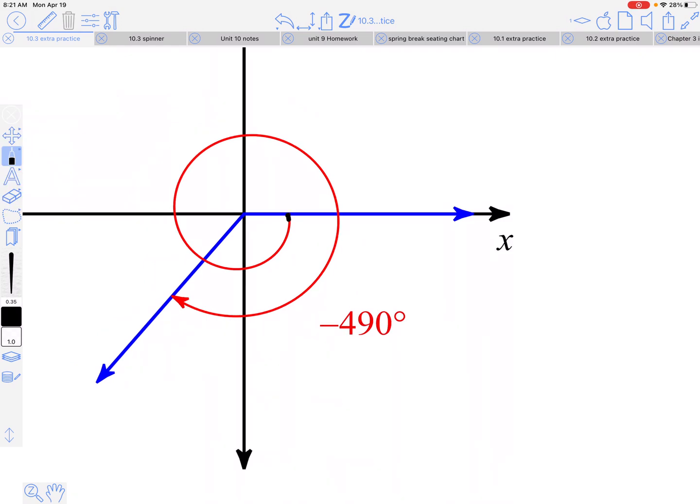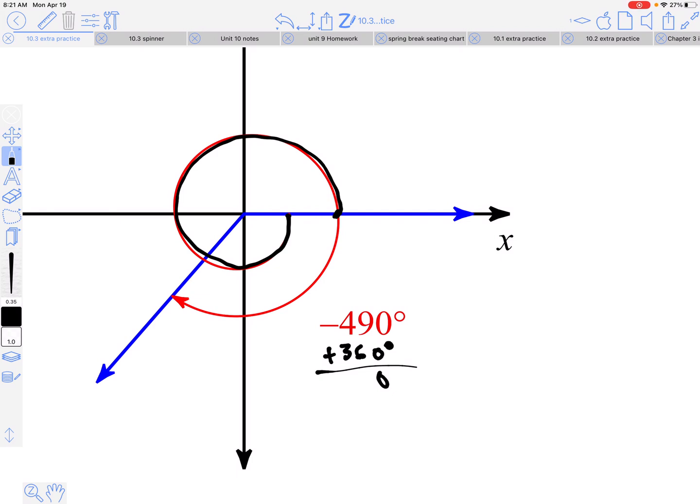Okay, let's take a look at this one. So I decided on this one to go clockwise, right? So I did 360 degrees, boom, 360 degrees. Then I did some more. So what we're going to do on this one is we're actually going to add 360, okay? So 0, negative 9, and 6.